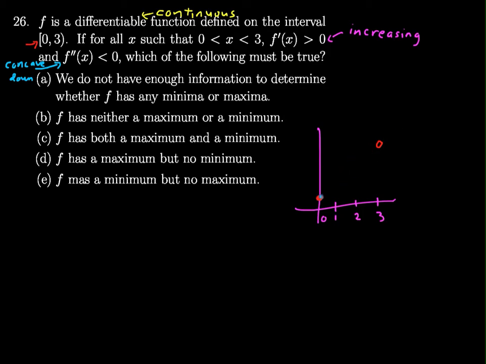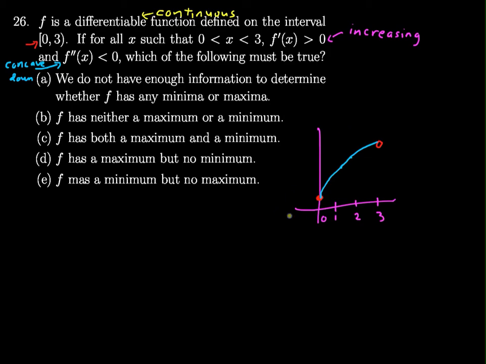Let me get that a little bit more obvious, that it's increasing but concave down. Okay, so you can see it's always going up, it's always curving down, not greatly, but sort of like that. And let's see what we have. Now, I could have drawn this any other way, but it has to somehow resemble this graph.